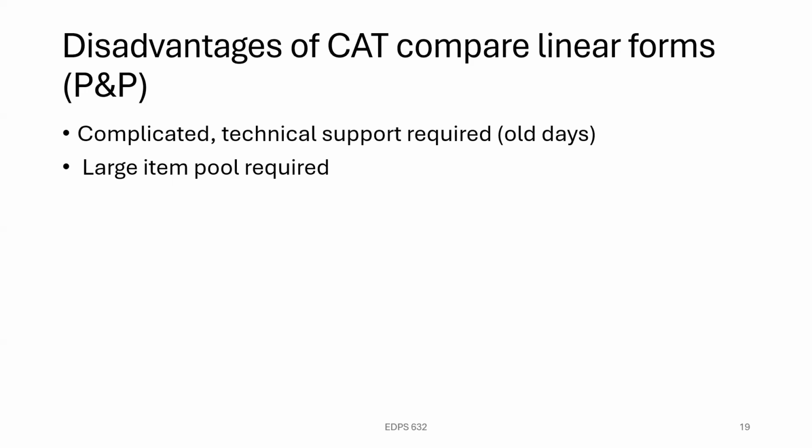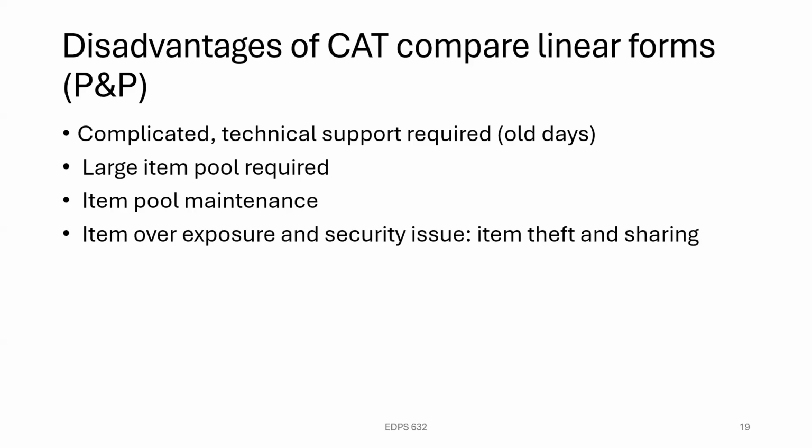All these items can be reorganized into the item bank. And we need item maintenance, because sometimes we need to retire an item if the content becomes outdated, or if everyone knows how to answer this item, then this item should be eliminated.